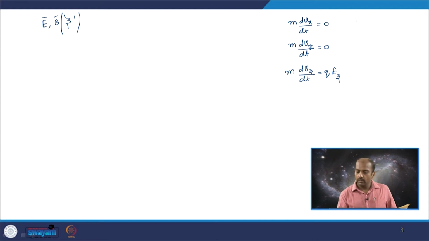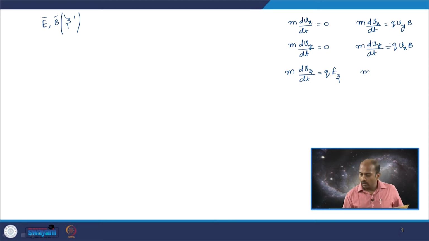Okay. Then the second set of equations: m dvx by dt equals q vy B, m dvy by dt equals q vx B with a minus, and m dvz by dt equals 0, right.